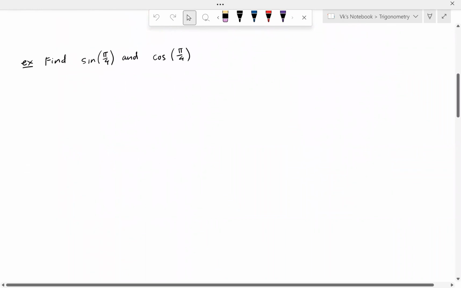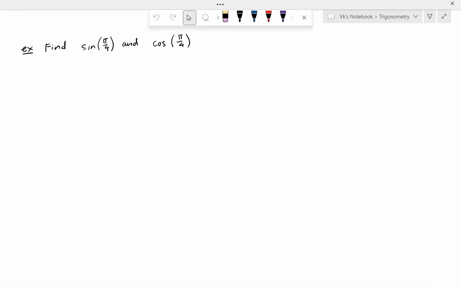Exercise 1. Find sine of pi over 4 and cosine of pi over 4. Let's take a look.